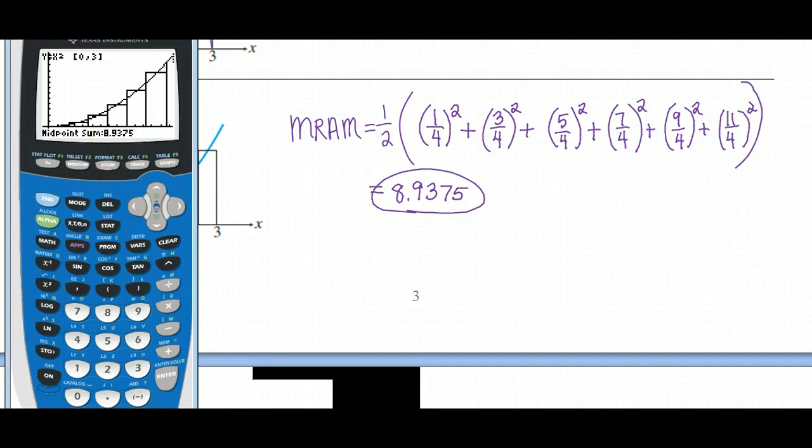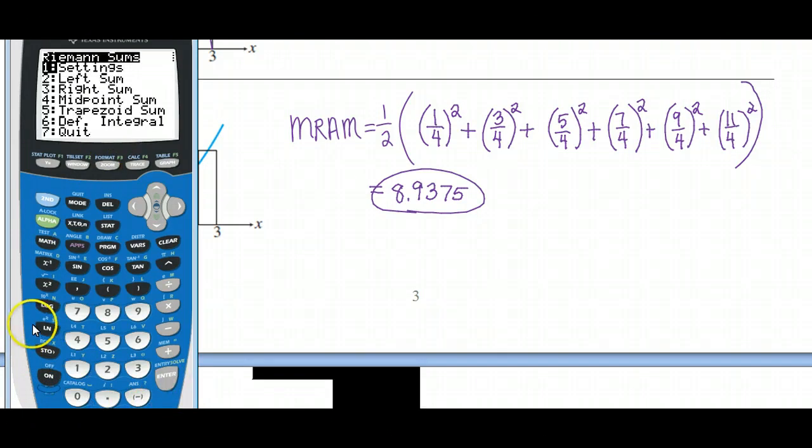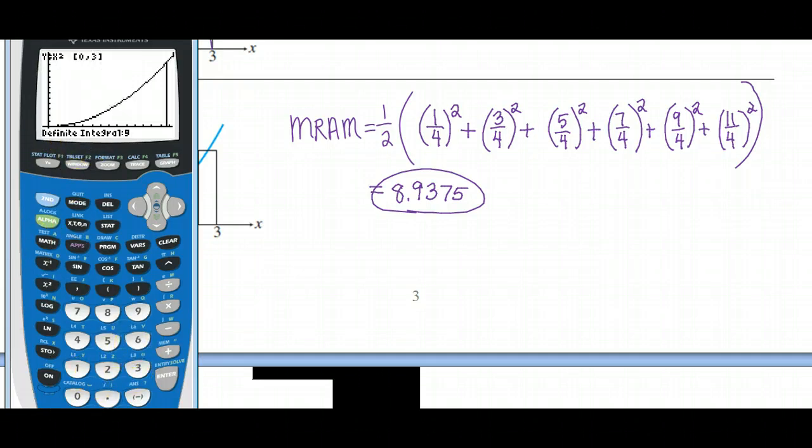There's our result. Now, I'm going to show you one more thing. Press enter. Trapezoid we'll do tomorrow. Right here, it says DEF. That's the definite integral. What this will do, which we'll learn later on, is give you the exact area.